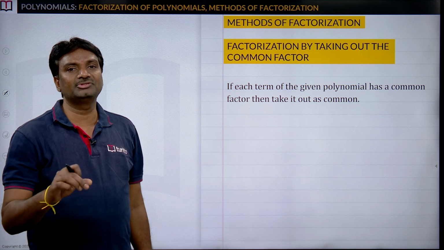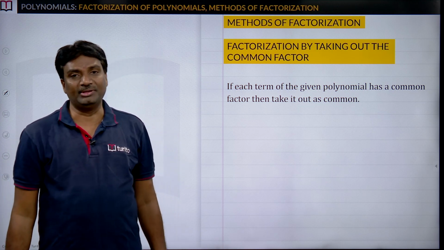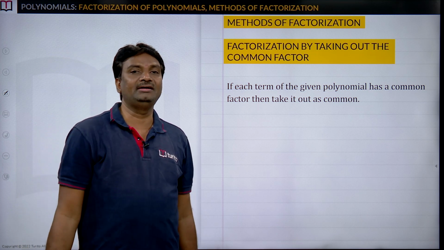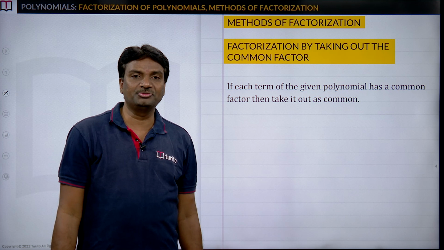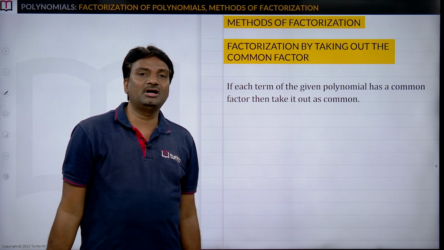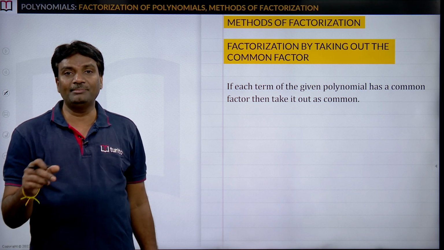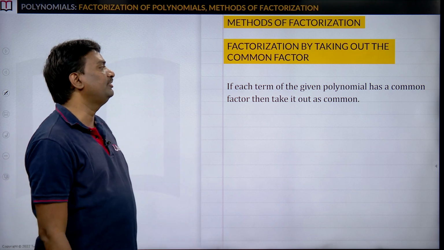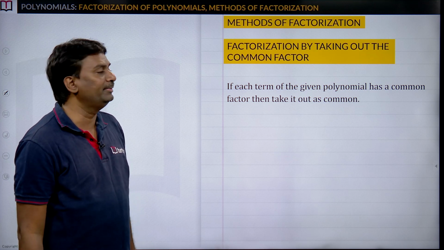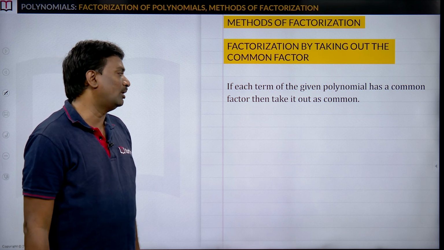Whatever the number of terms may be, 2 terms, 3 terms, 5 terms, 10 terms, if all the terms of the given polynomial have one term as common, then we can take that term as common.